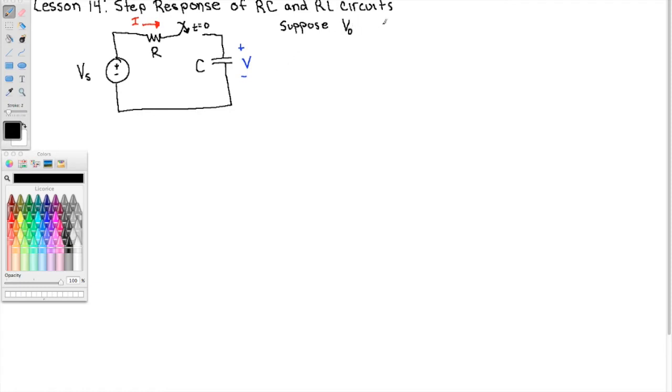So V0 is the initial voltage on the capacitor, or across the capacitor, might be a better word. This circuit is equivalent to this model, Vs U of t.